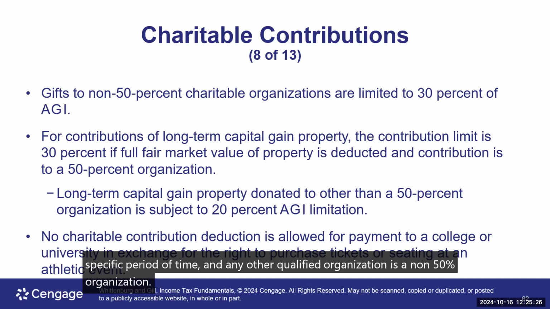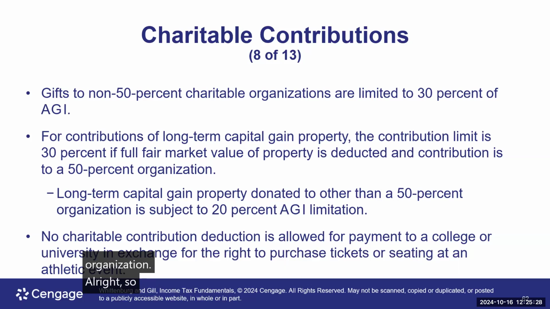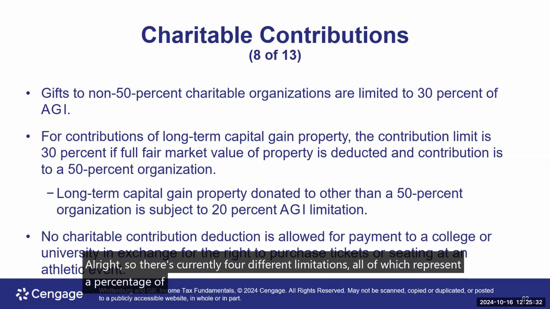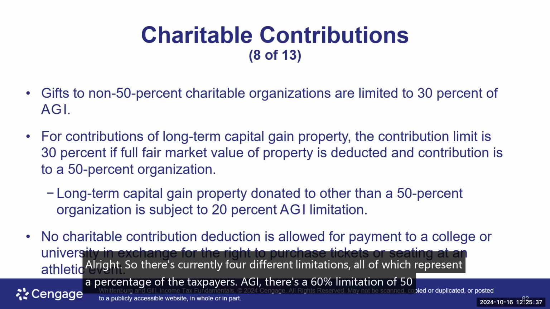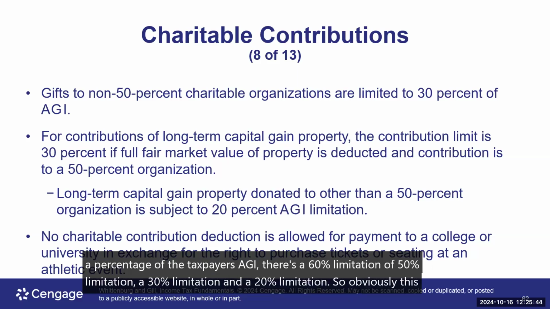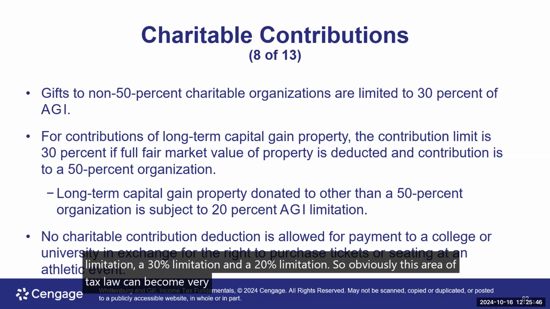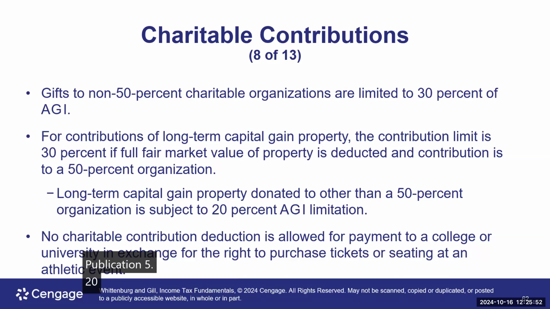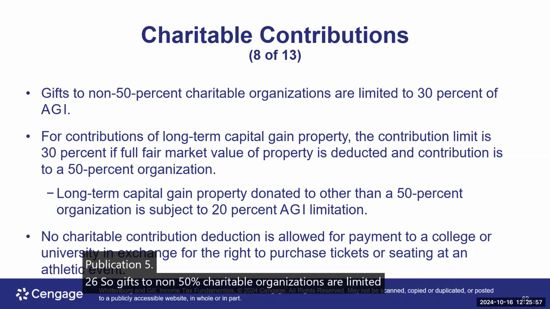All right, so there are currently 4 different limitations, all of which represent a percentage of the taxpayer's AGI. There's a 60% limitation, a 50% limitation, a 30% limitation, and a 20% limitation. Obviously, this area of tax law can become very complex, so the IRS provides a worksheet in Publication 526. Gifts to non-50% charitable organizations are limited to 30% of AGI.